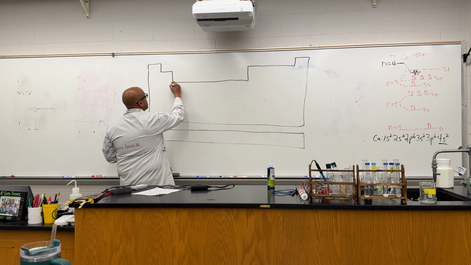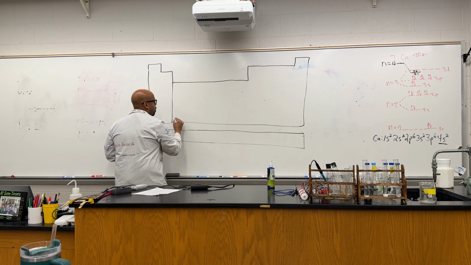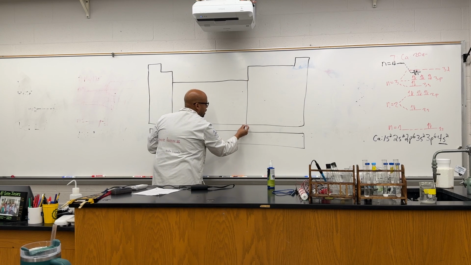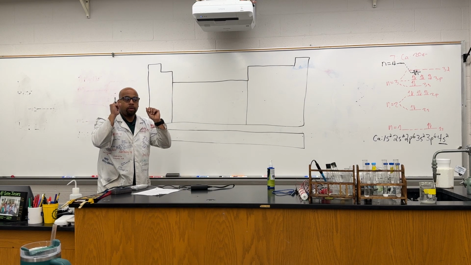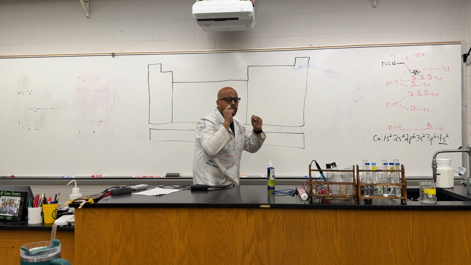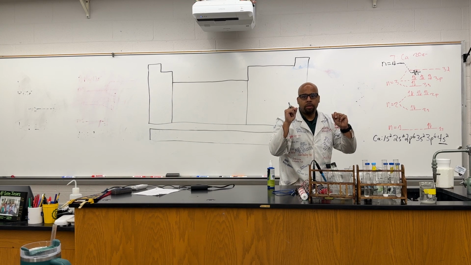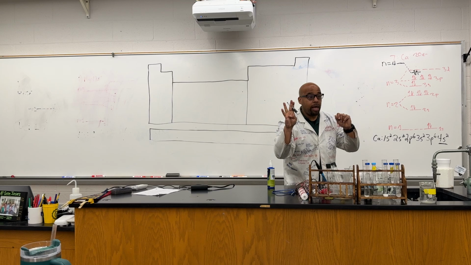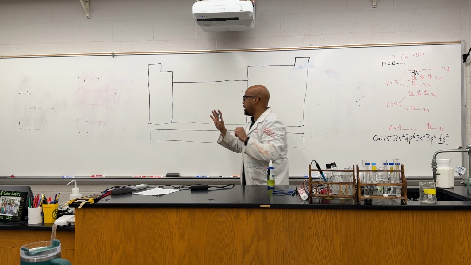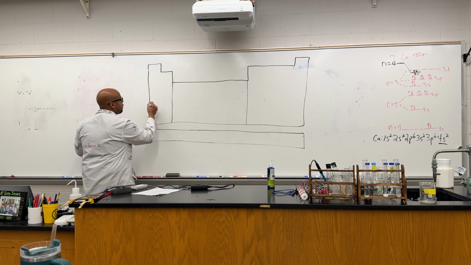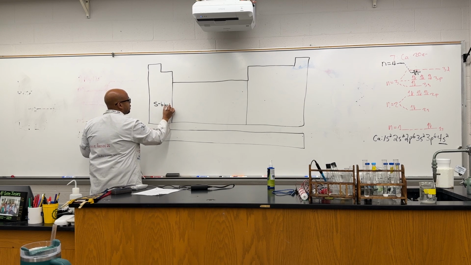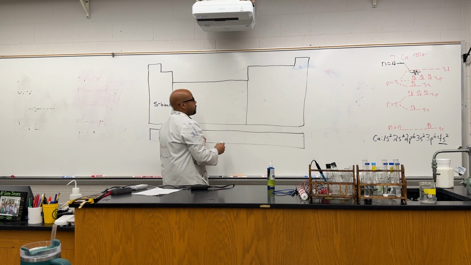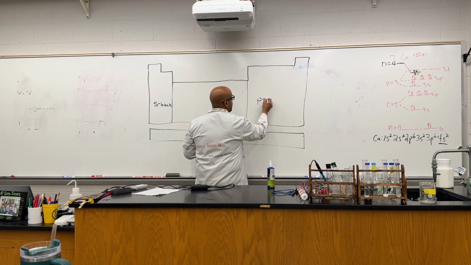When it comes to the periodic table, it's actually broken into 4 boxes here. And if you think about the different types of sublevels that we have, how many different types of sublevels? We've got 4, exactly. We've got the s sublevel, which is the s block of the periodic table. We've got the p sublevel, known as the p block.